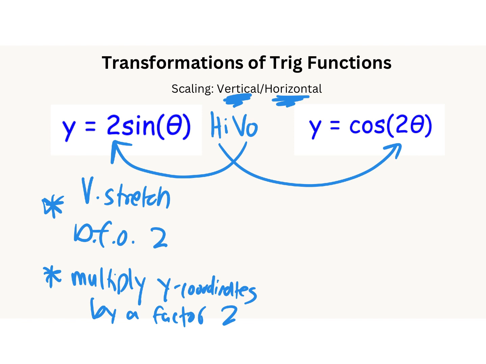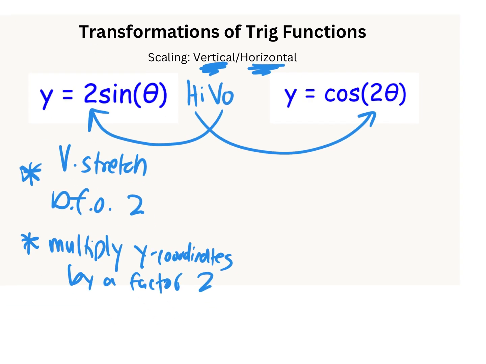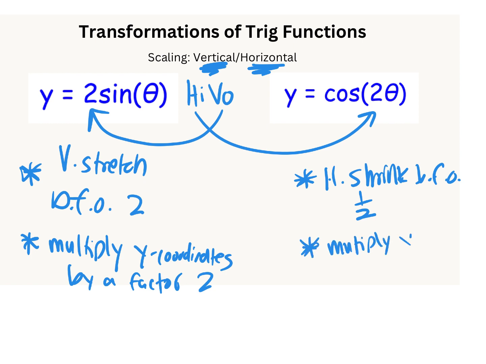Now compare that with the horizontal transformation. Remember, horizontal transformations are always the opposite of what's taking place. That's a multiplication of 2, so we're going to say this is a horizontal shrink by a factor of 1/2. So you can also consider this as multiplying your x coordinates by 1/2.